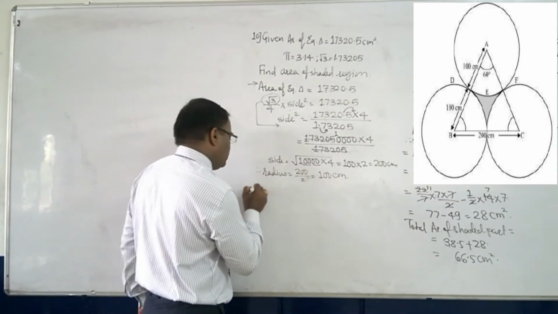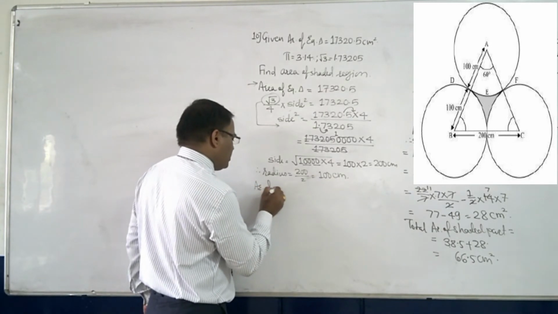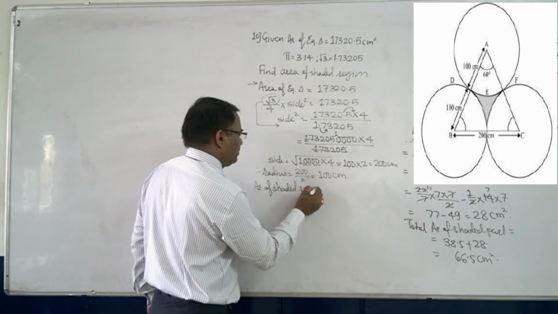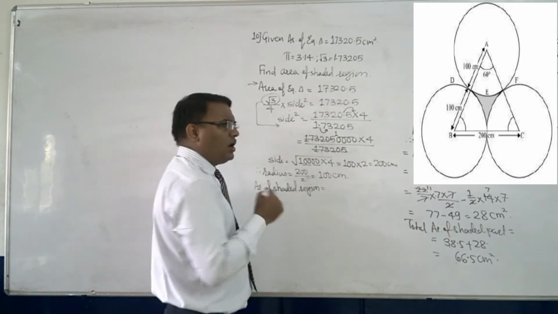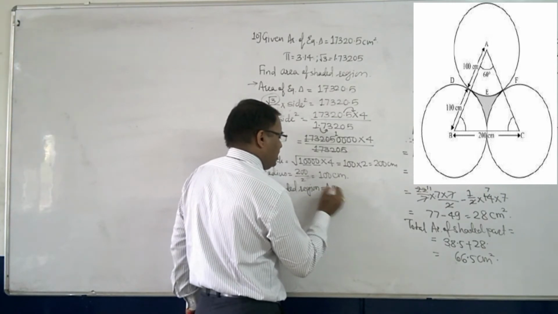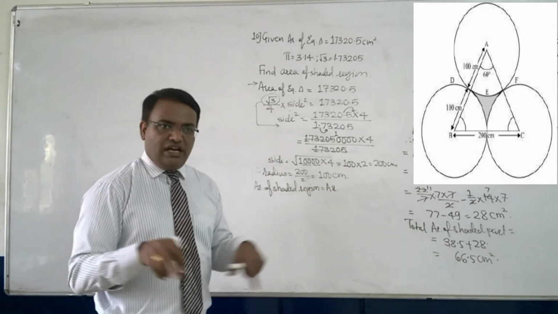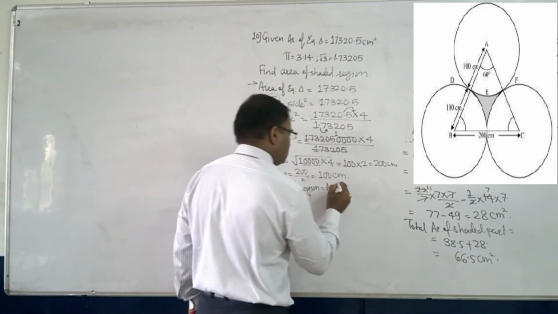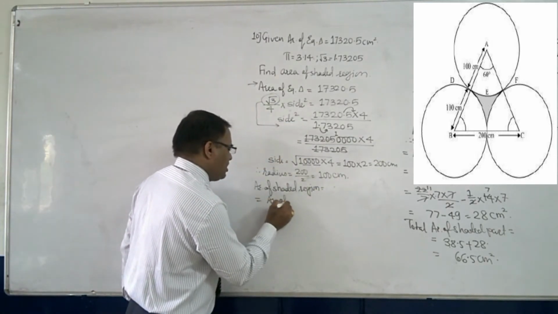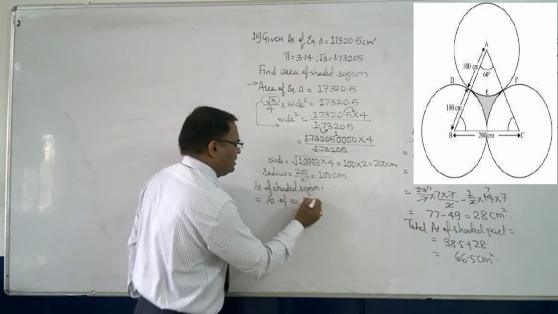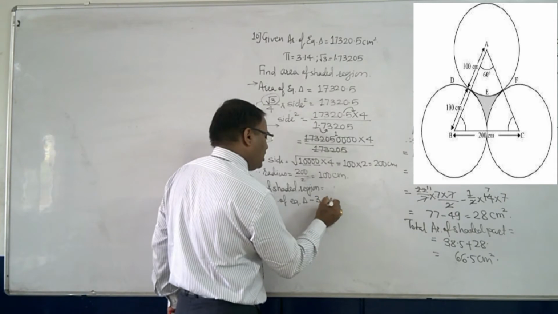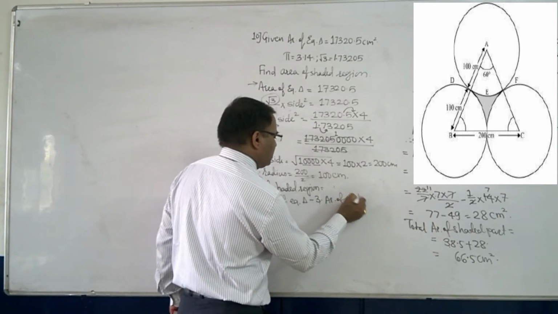So what we will do now? The area of the shaded part or shaded region is equal to the area of the equilateral triangle minus 3 times the area of a sector.